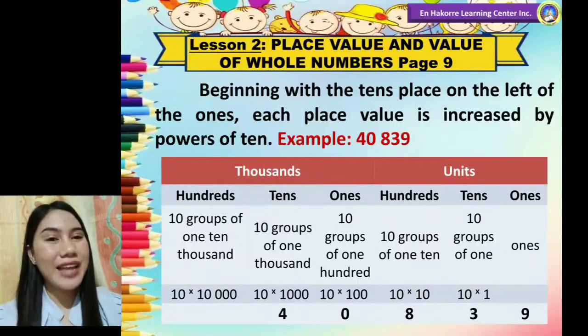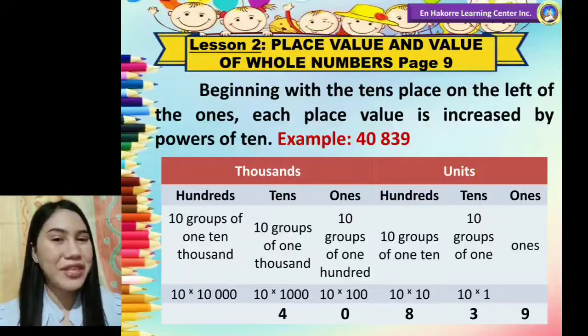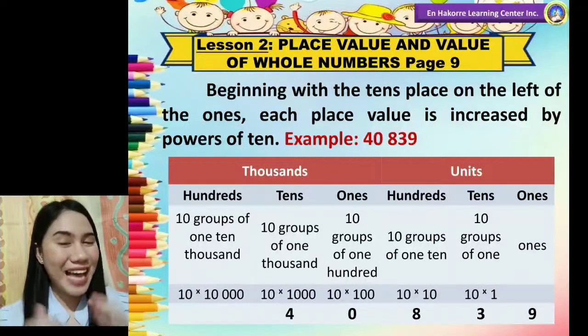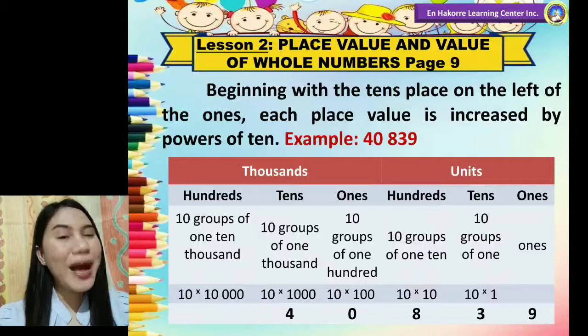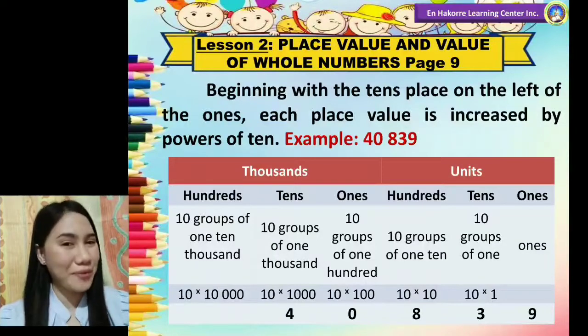That is why the 10,000s place together with the thousands place is read as 40,000. So all in all, we have there your number 40,839. So that is the place value and the value of whole numbers.